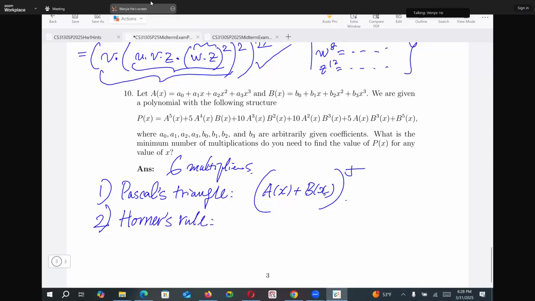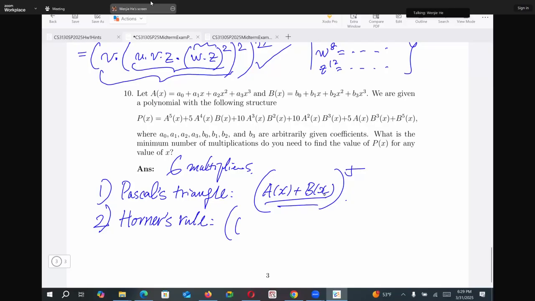A of X plus B of X, you need to combine the terms. Some students didn't combine the terms. They counted the multiplications in A of X independently, then the multiplications in B of X independently. You need to combine, because if you look at the homework solution, we combine.